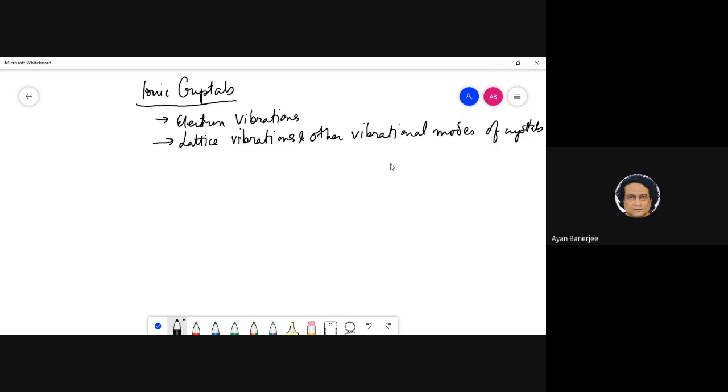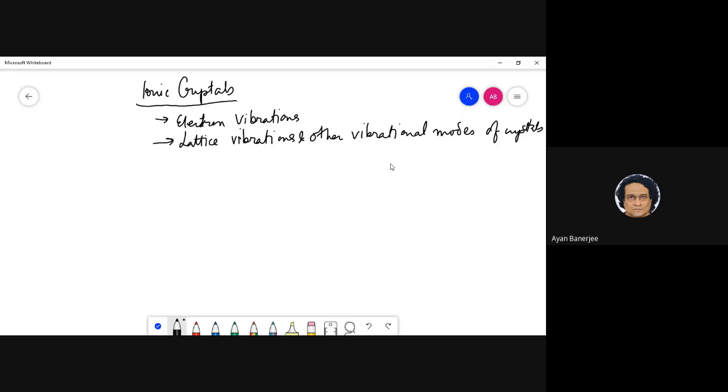From whatever we did just now, when we wrote down the formula for the dielectric constant, we had a low frequency regime, an intermediate regime, and then the high frequency regime. What we saw was that in the low frequency regime, the dielectric constant epsilon was independent of frequency. That is very important.